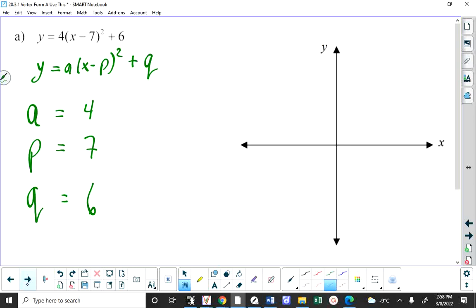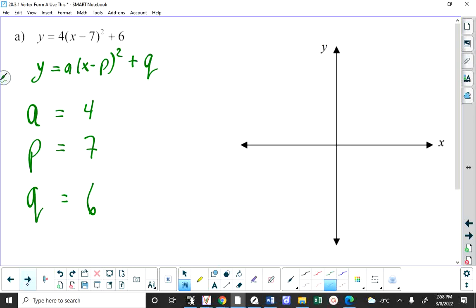Will this parabola be the same height as x squared, or will it be taller or shorter? This is our first question, so we're putting this all together. It takes time. It will be taller.